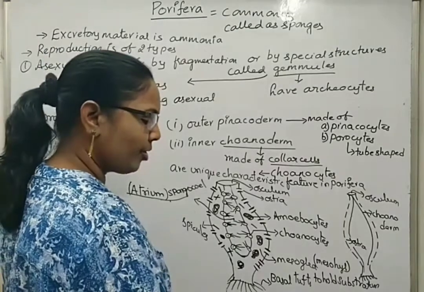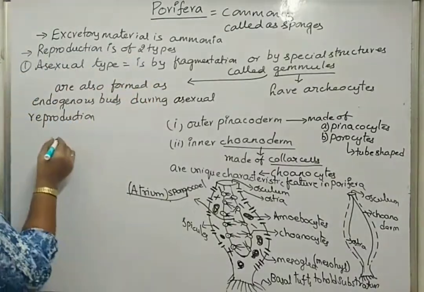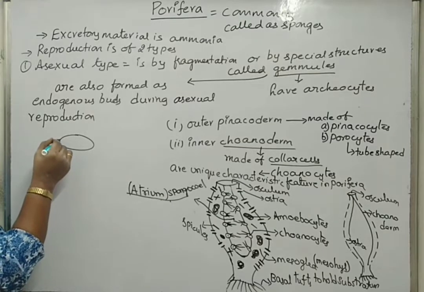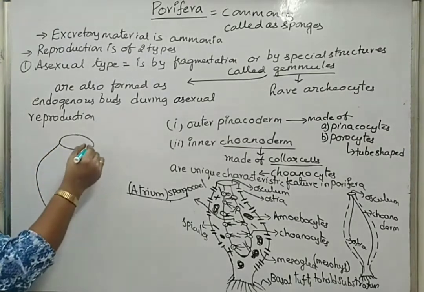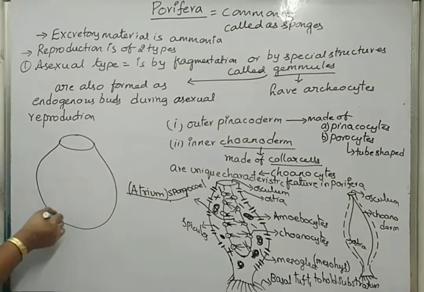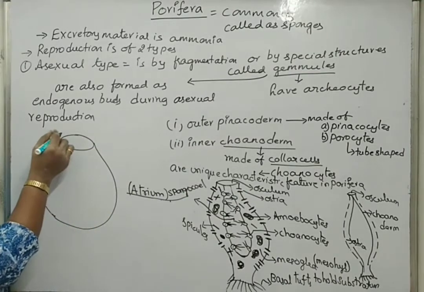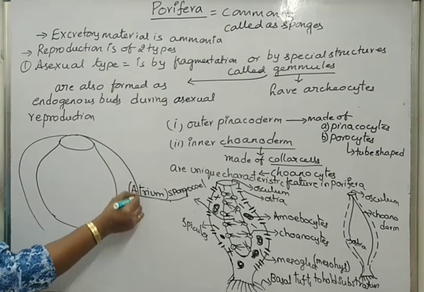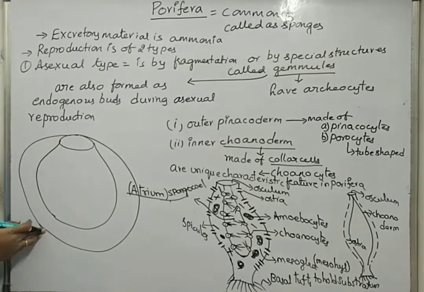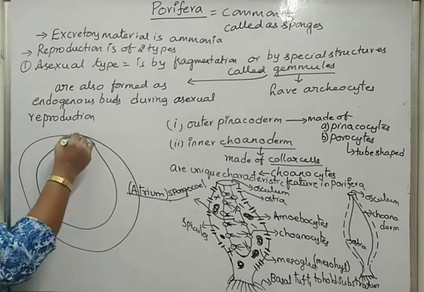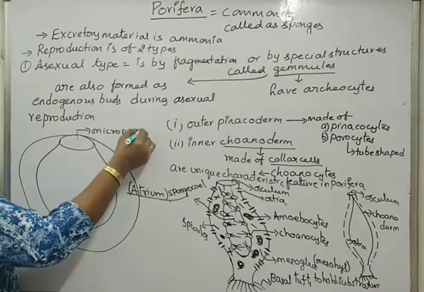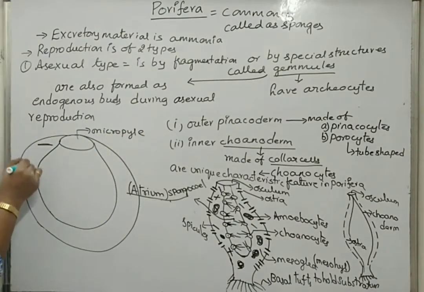If you see the structure of a gemmule, how does it look like? This will be the opening called the micropyle. And here will be the spicules.